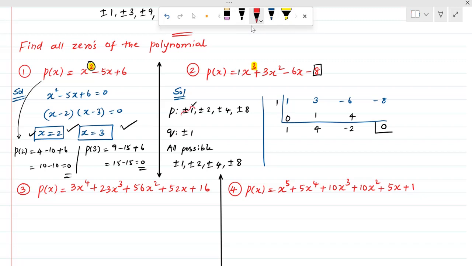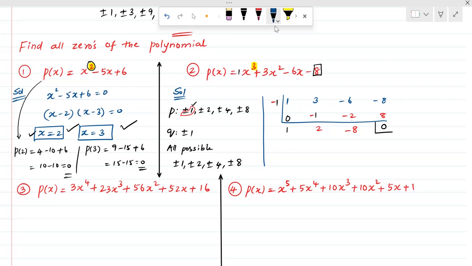Let us try with minus 1. You will find minus 1, you have plus 2, multiply, minus 2, add it, minus 8. When you multiply, it becomes plus 8. Therefore the remainder is 0.